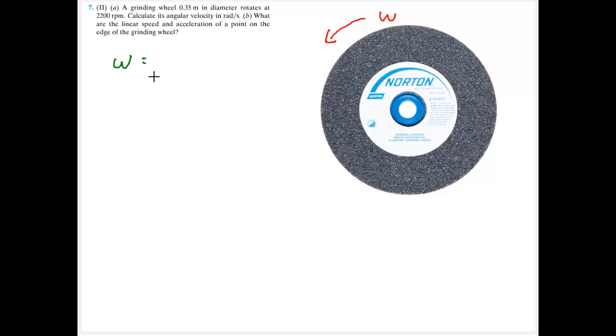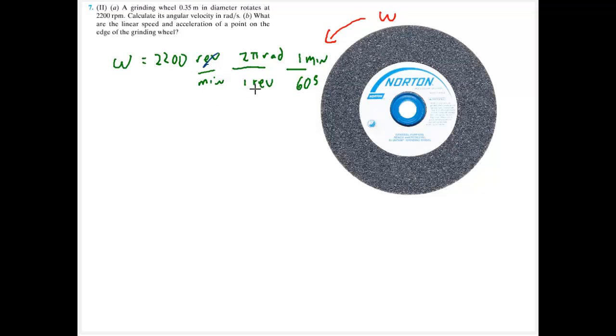So the angular velocity is going to be 2200 revolutions per minute. I know that in one revolution there are 2 pi radians, and I also know that in 1 minute there's going to be 60 seconds.